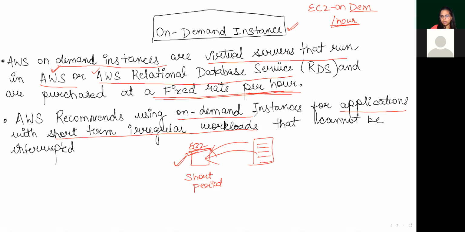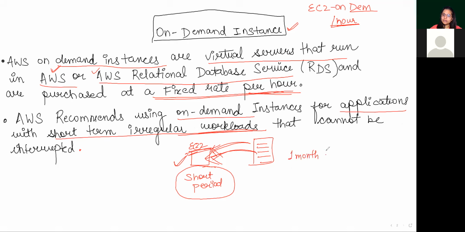Getting it? So the features are that you are using the application for a short period of time, and there is no regular use of EC2, means irregular workloads are there, that cannot be interrupted. Means you are not interrupting it, but like I wanted it for, say, 1 month.